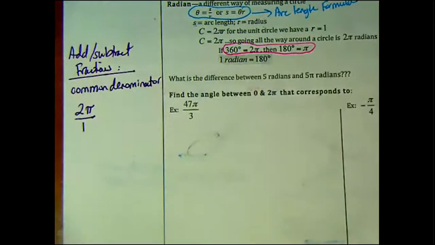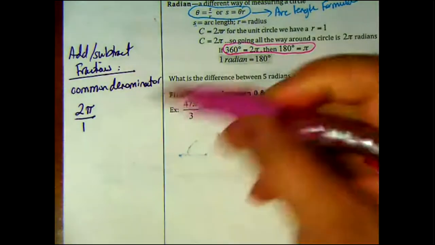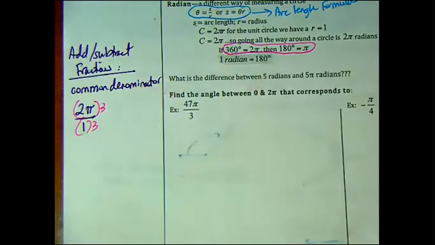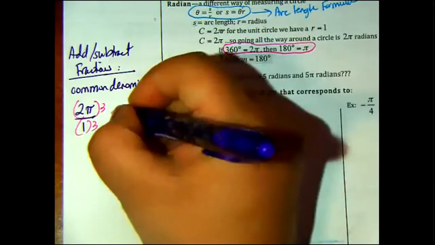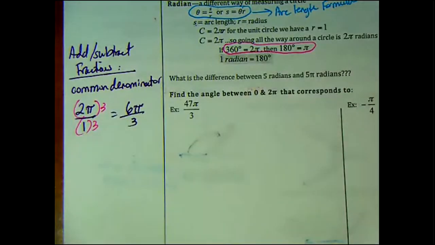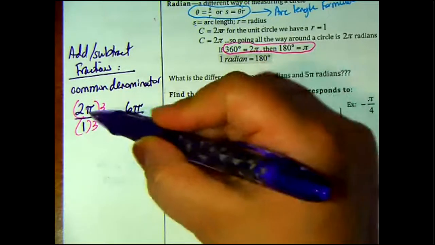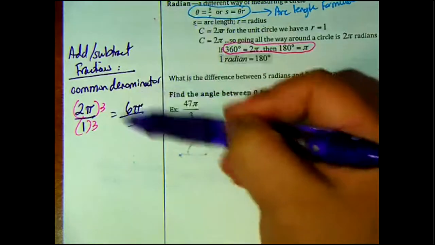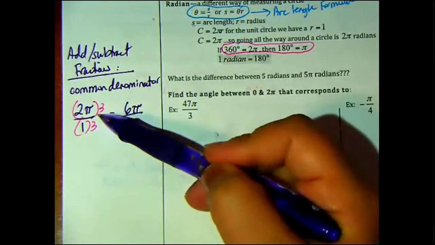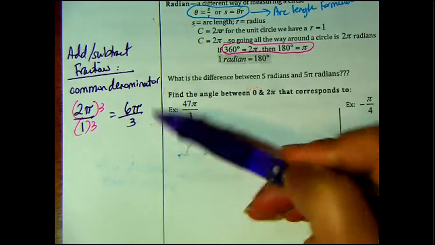So I put my 2 pi over 1, okay? So I want that common denominator of 3, so I'm going to multiply top and bottom by 3. And that's going to give me 6 pi over 3, right? So 6 pi divided by 3 is the equivalent of 2 pi, but just with a common denominator of 3.